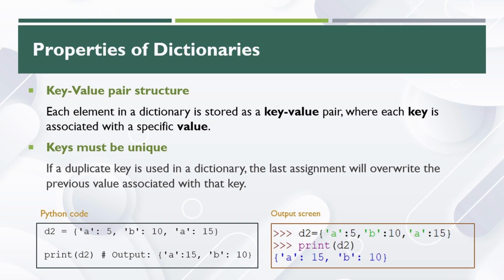Next characteristic is keys must be unique. If a dictionary is defined with repeated keys, only the last value for a given key will be retained. Python silently overrides earlier values.